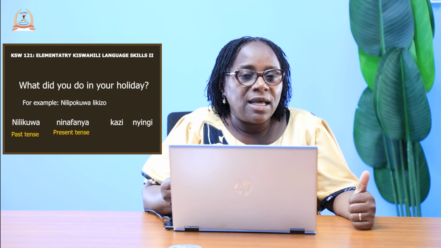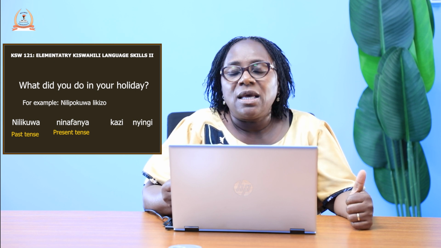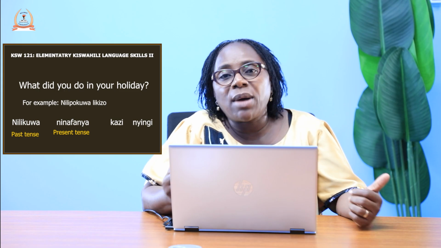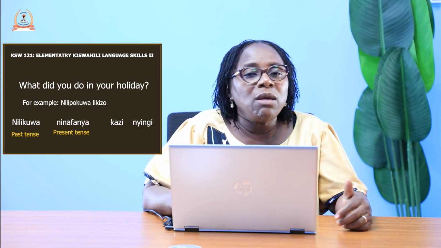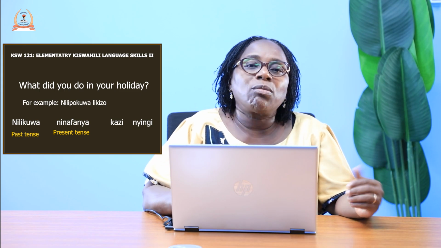Why present? As I told you, the present tense can be used to express our habitual activities, our daily activities. Mimi huamka, mimi hulima, mimi huandika, mimi husoma is fine. That is habitual present tense.